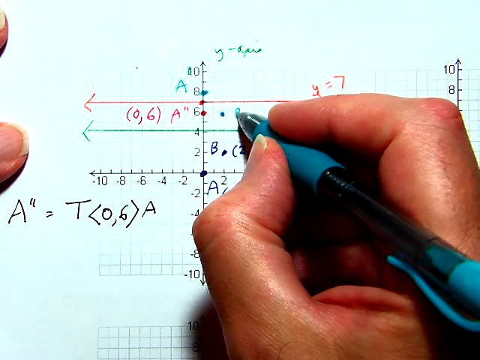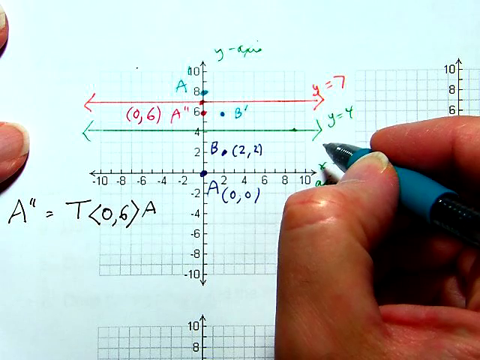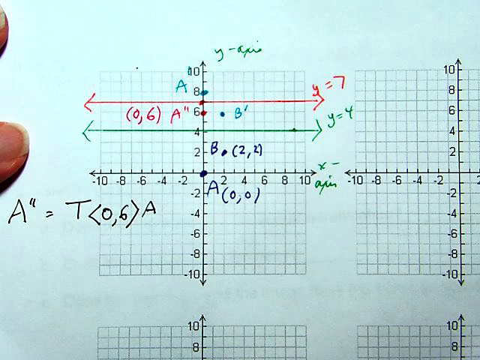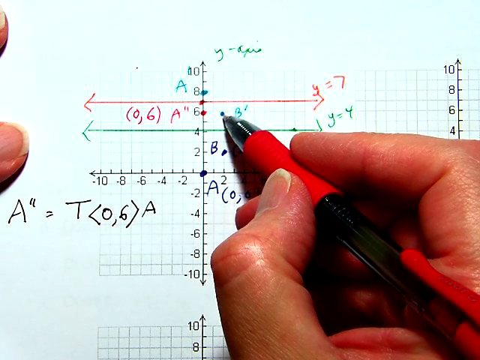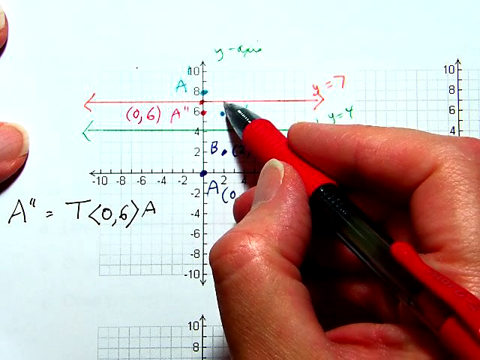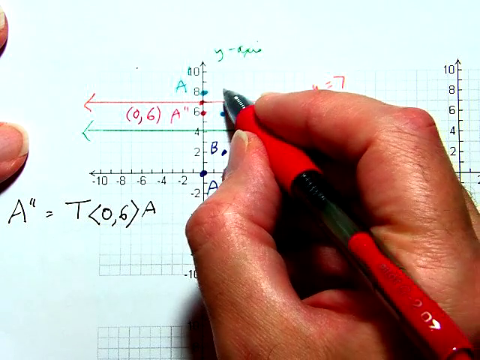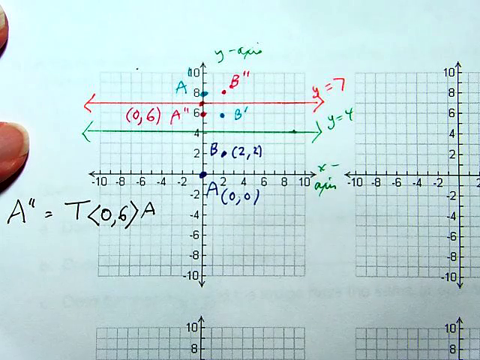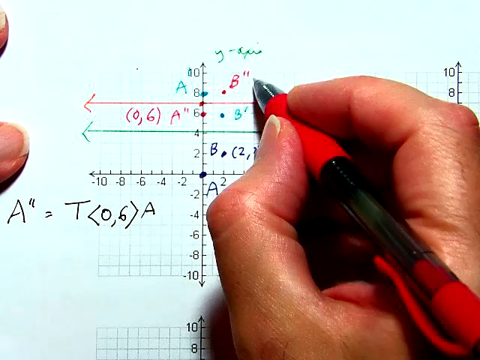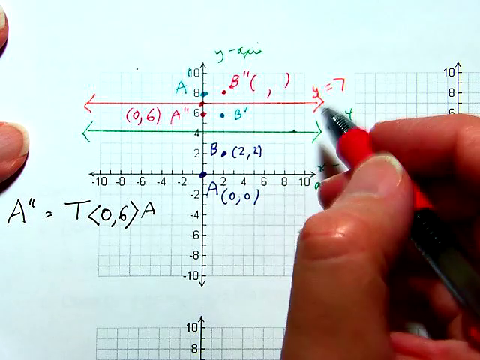Now, to do the last reflection, we've got to reflect over y equals 7. B prime is 1 unit below y equals 7, so the reflection, B double prime, would be 1 unit above y equals 7. What are the final coordinates of B double prime?